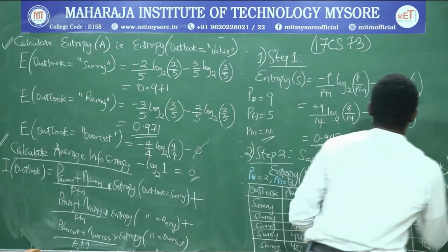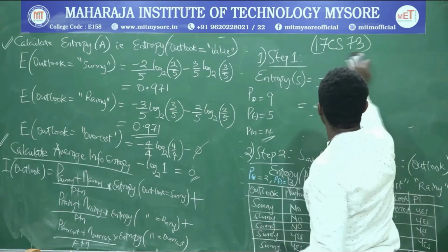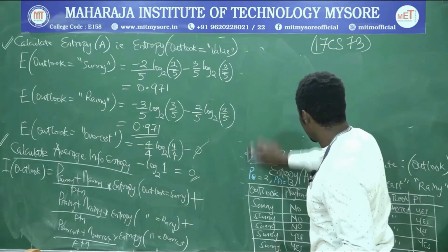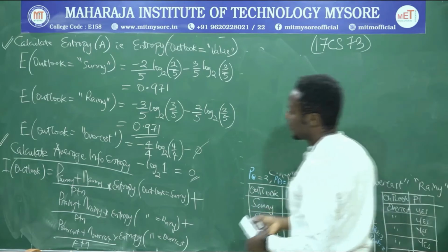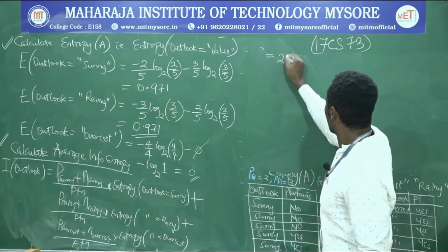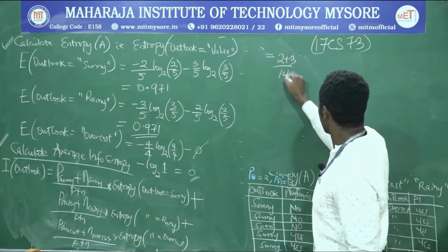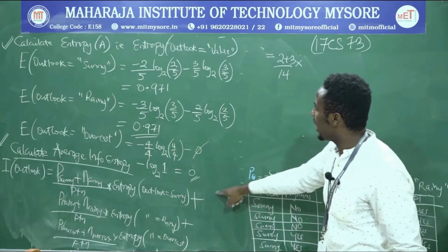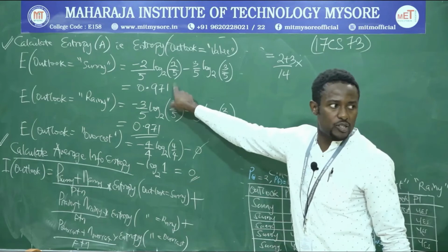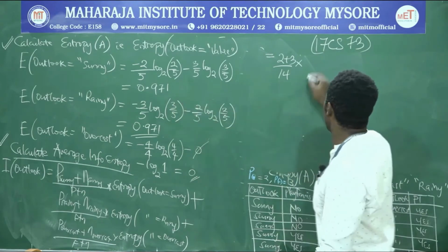Is that clear? Fine. So let's proceed. I'm going to wipe this, and again we continue. So the first one is 2 plus 3 upon 14 into the entropy of outlook equals sunny. Go back there. Entropy of outlook equals sunny is 0.971, right?